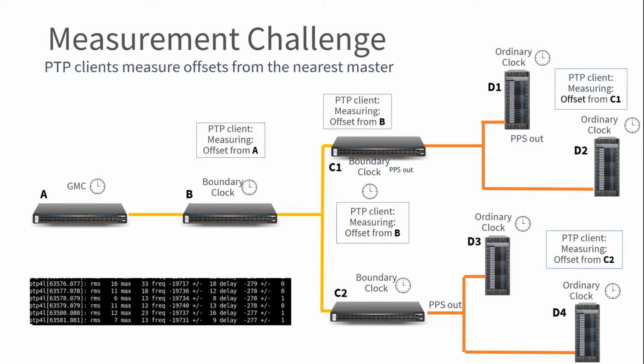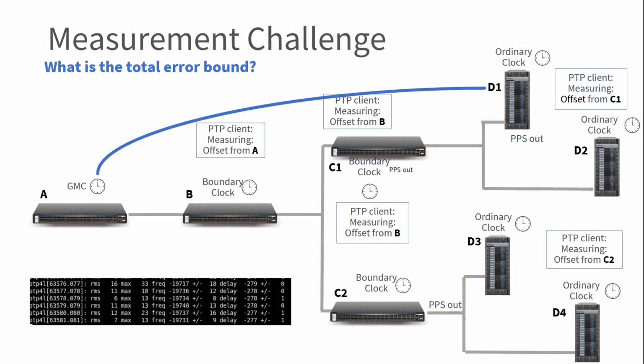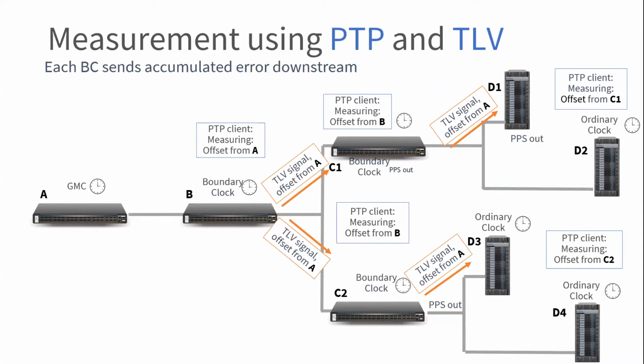And the problem is what is the total error bound between the grandmaster and the least ordinary clock, or within all of them. This is something that cannot be achieved today with PTP. So what we think will help this, of course, we always think in scale, and the solution has to be scalable.